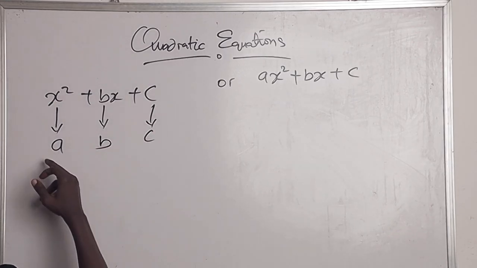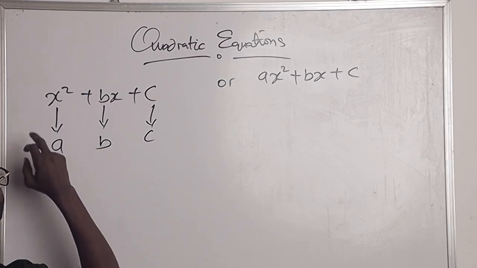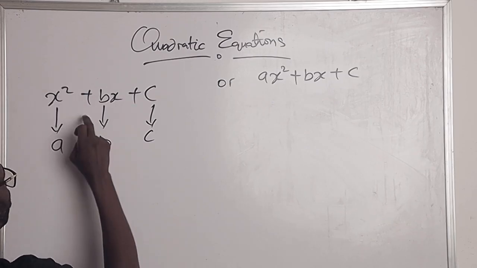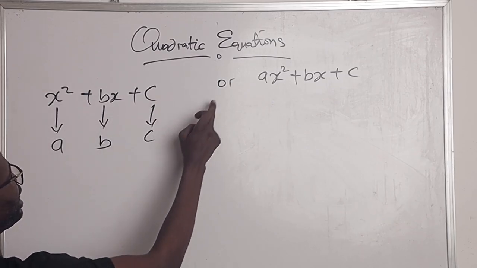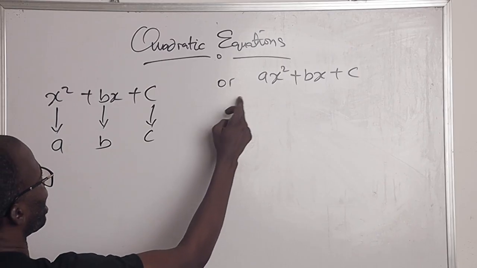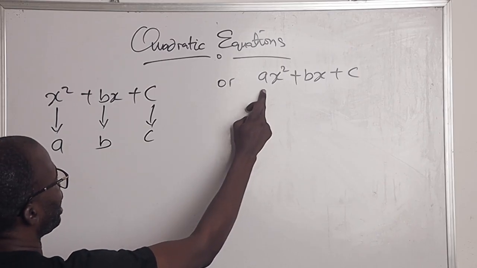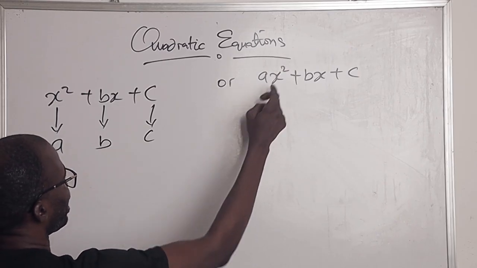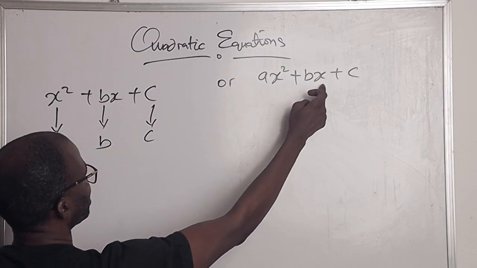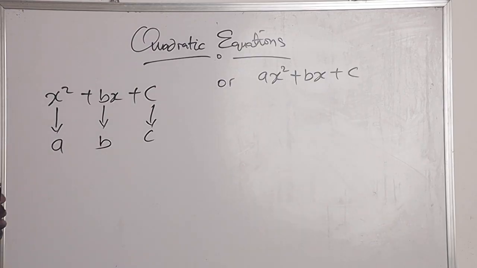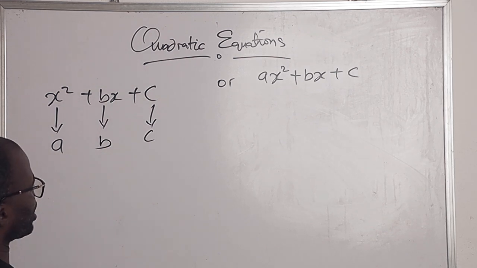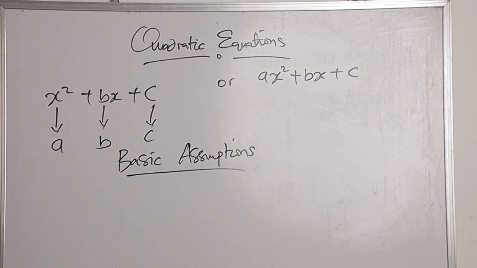And that's why usually they will explain to you that x raised to power 2 plus bx plus c is also the same as a as the coefficient of x squared plus b as the coefficient of x plus a constant term.